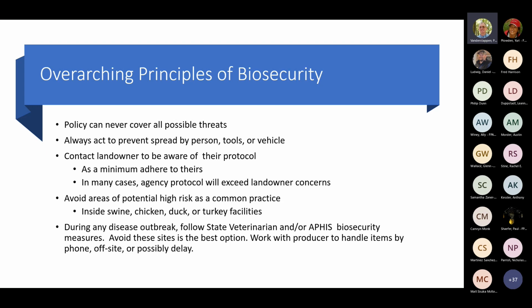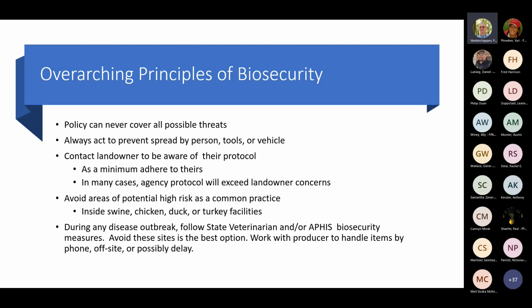And during any disease outbreak, follow state veterinarian and or APHIS biosecurity measures. And avoiding these sites is the best option. So if a site, like right now we have some Pennsylvania sites, and I'll talk about that in a minute, avoid going to those sites, and work with the producer to handle items by phone, offsite, or possibly delay.